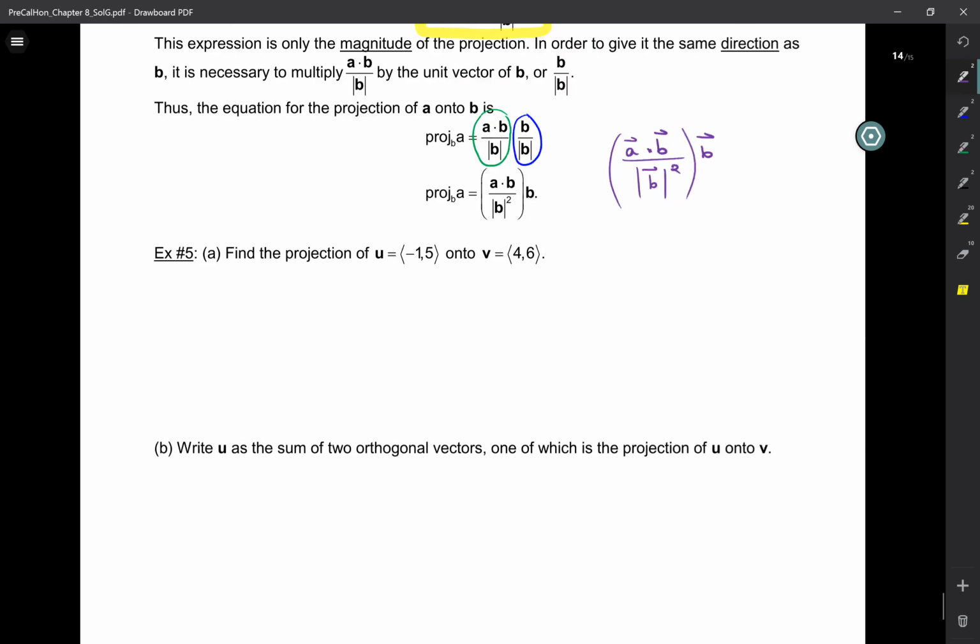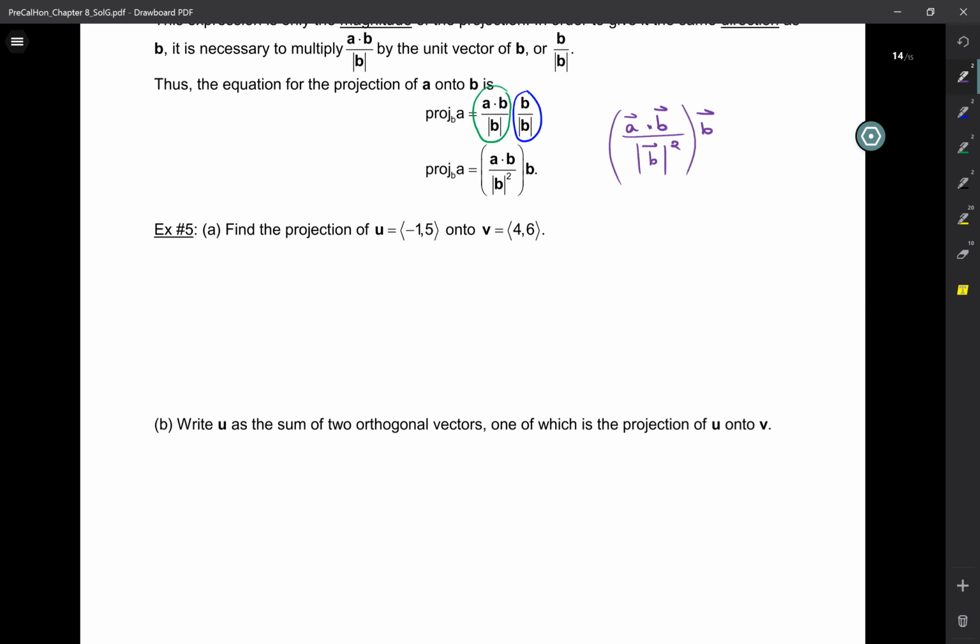All right, so let's find the projection of this thing. First I need U dot V, which is negative 1 times 4 plus 5 times 6, 26.